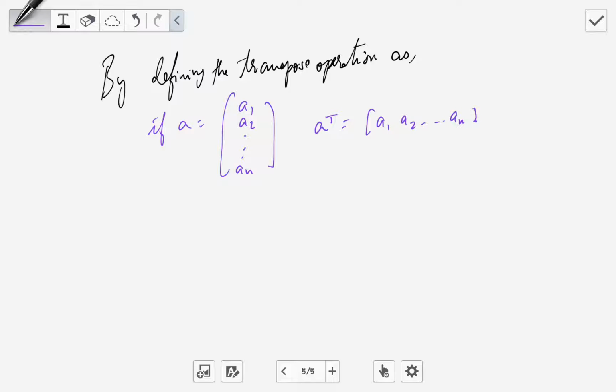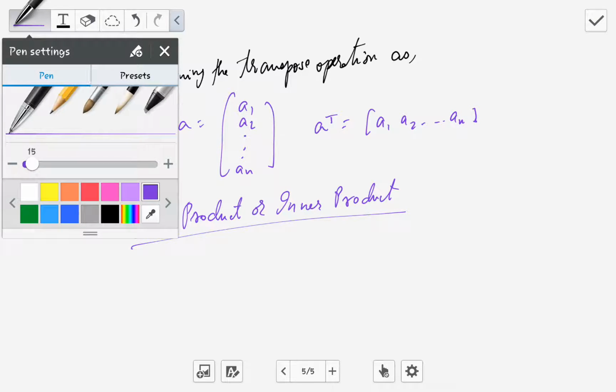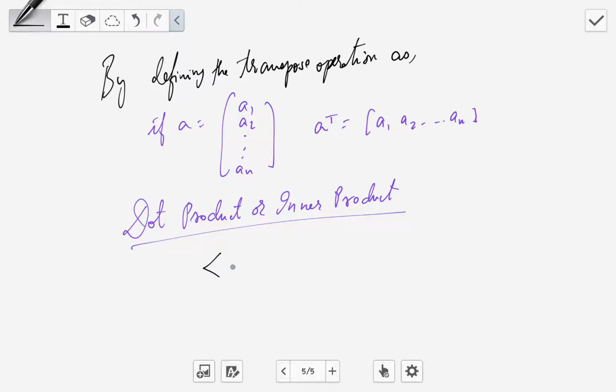We started defining this. Then similarly we had the dot product or the inner product, which some people denote in this way, which we said A transpose x, and this is a scalar.